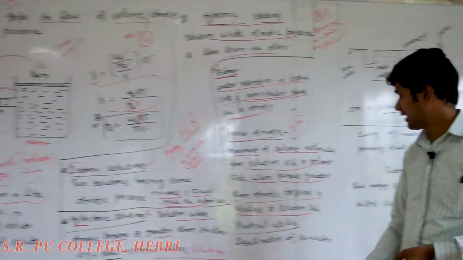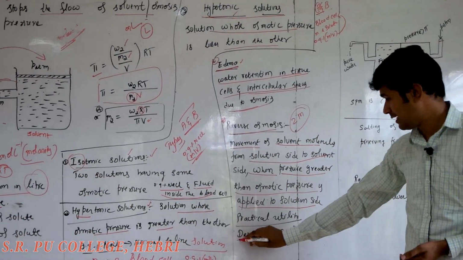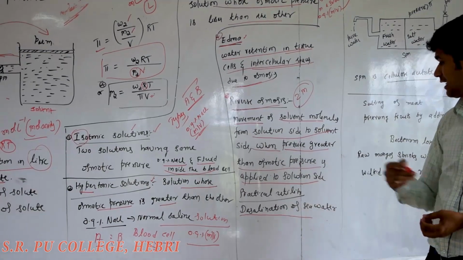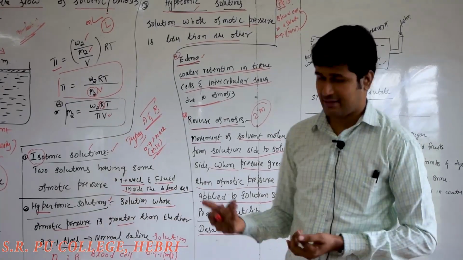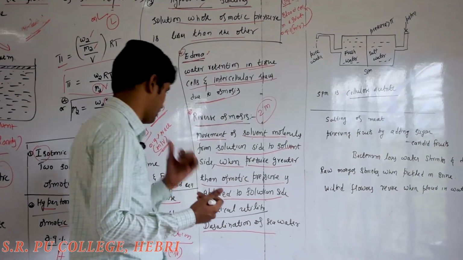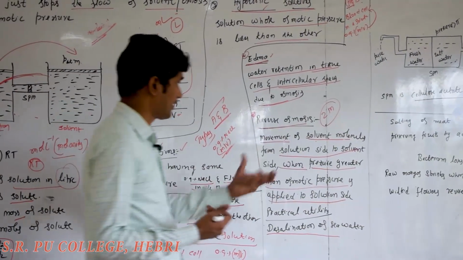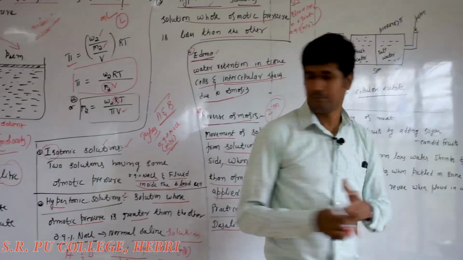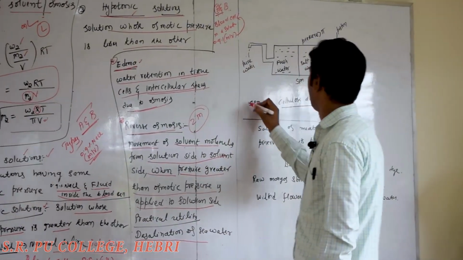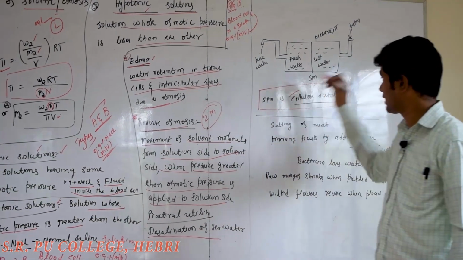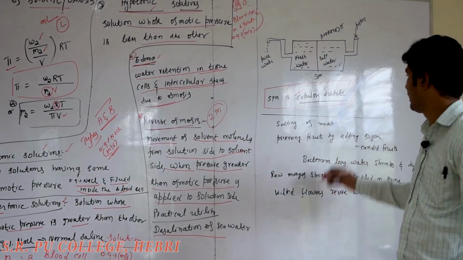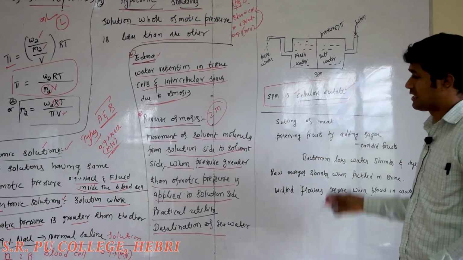So what is the practical utility of reverse osmosis? It is used in desalination of seawater. In order to extract pure water from seawater, we use this technique, but it takes a long time. It's a laborious method, and this desalination takes place through a special type of semi-permeable membrane known as cellulose acetate.